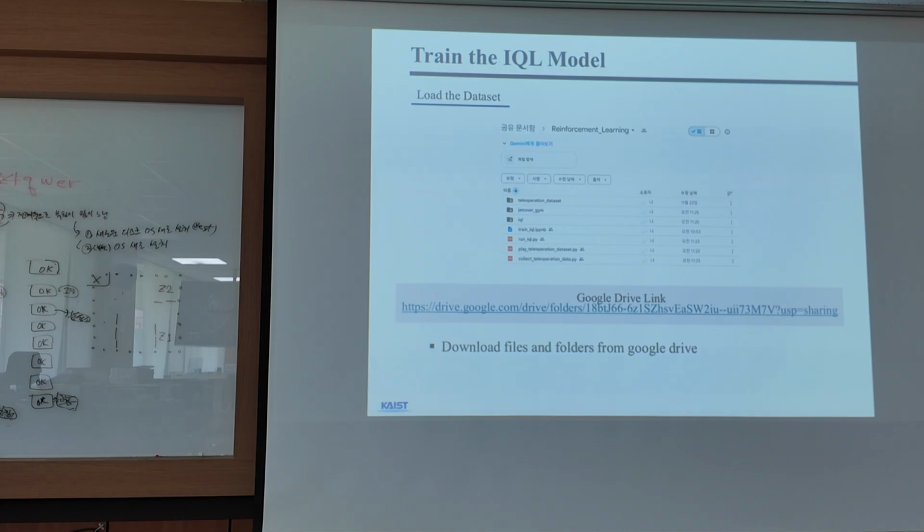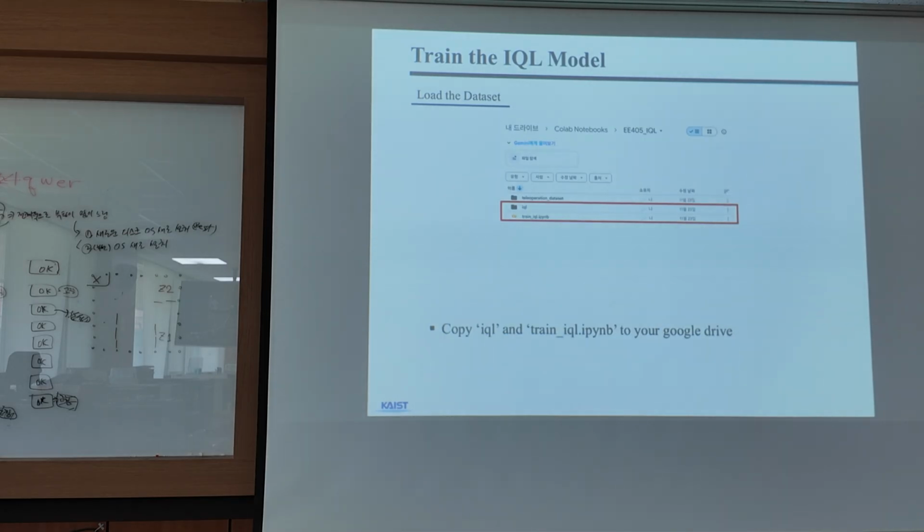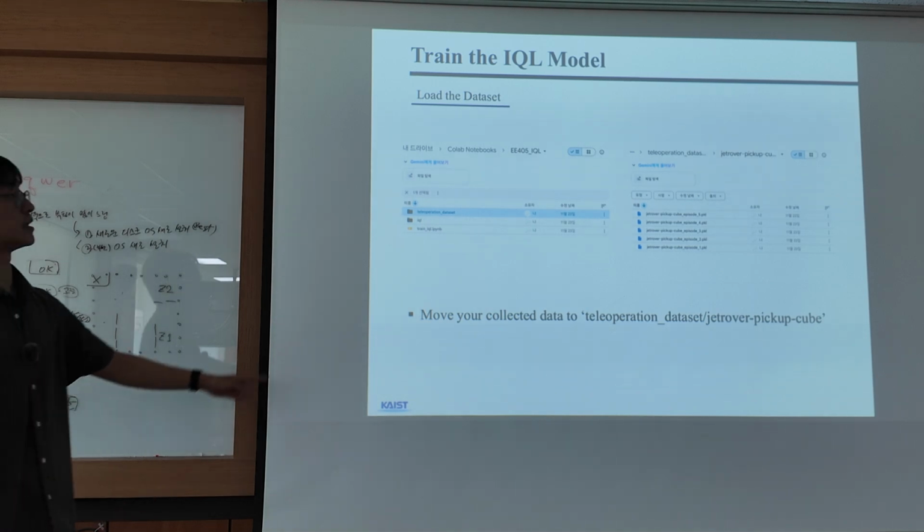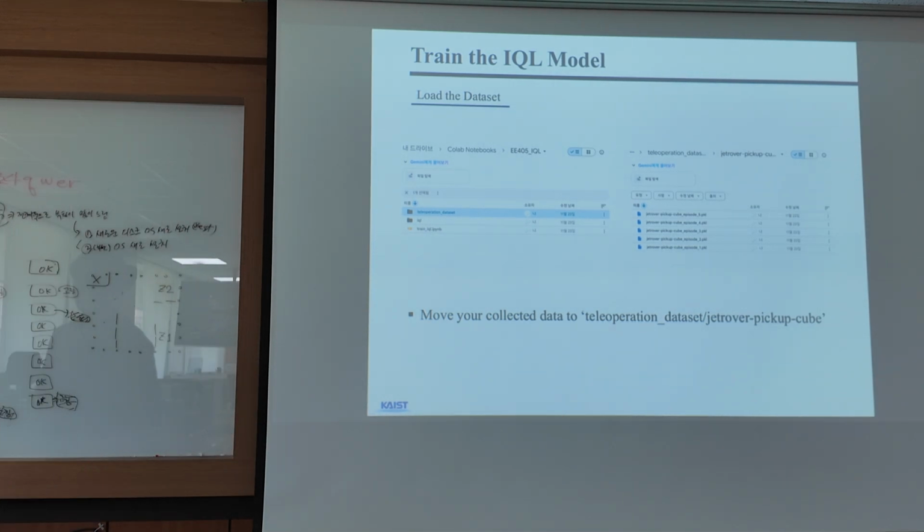We don't have to copy and use all of these files, because some files are used only inside the robots. Using IQL, open train IQL.ipynb and move the teleoperation dataset you've collected into this folder.